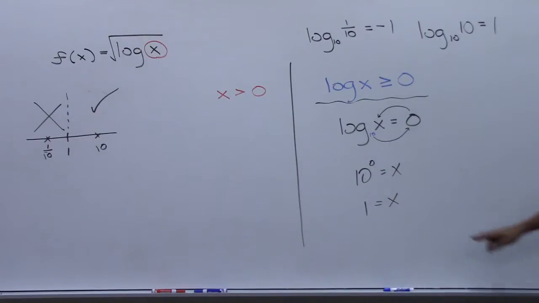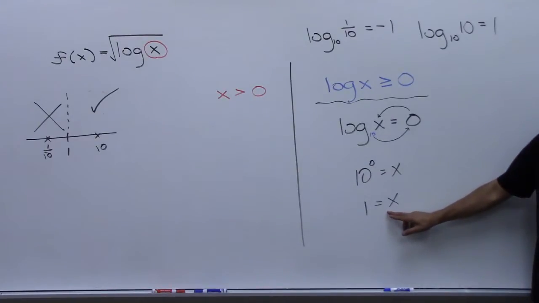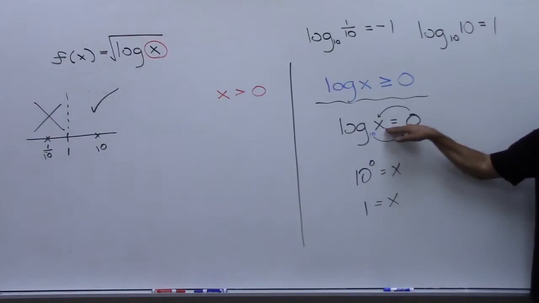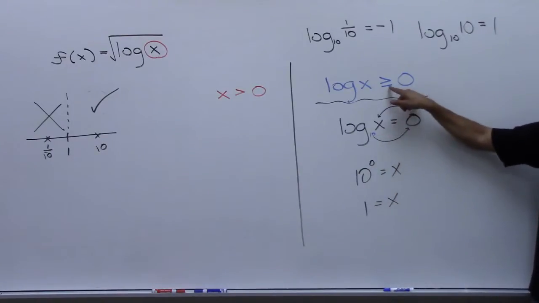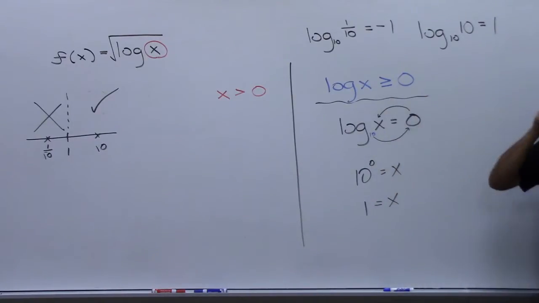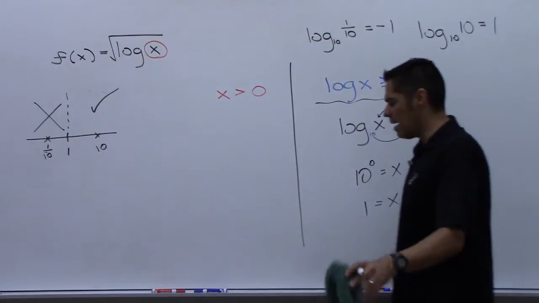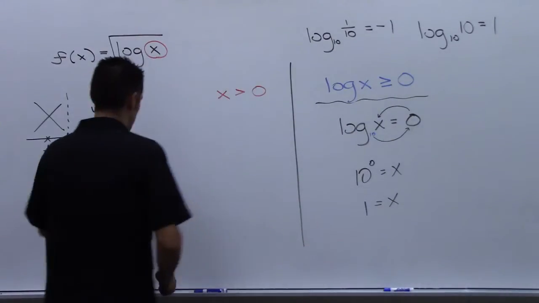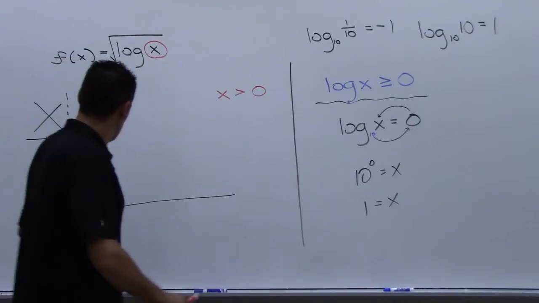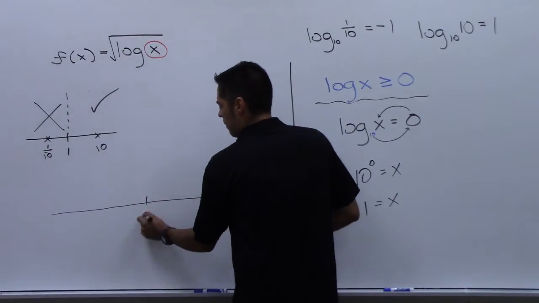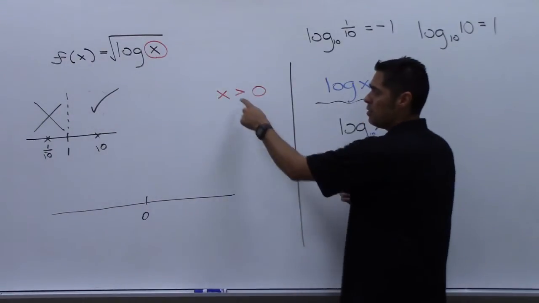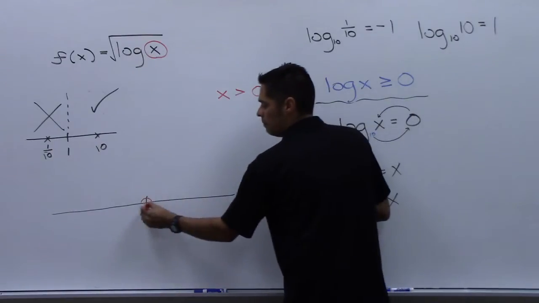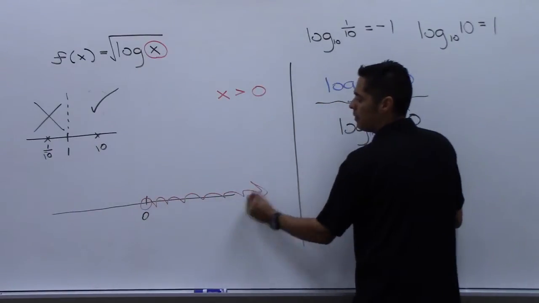And what if x was 1? We get 0. And that's okay to have 0, isn't it? So what is our final answer? We have to combine the two ideas together here. This one says x must be bigger than 0, so I must be over here, first of all.